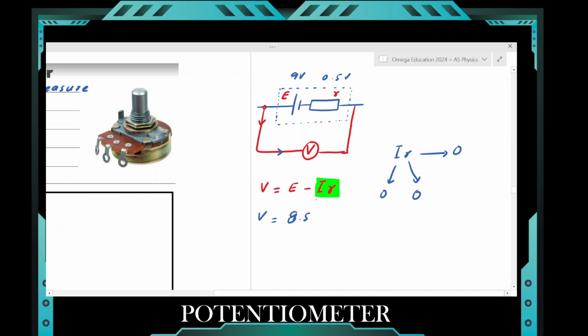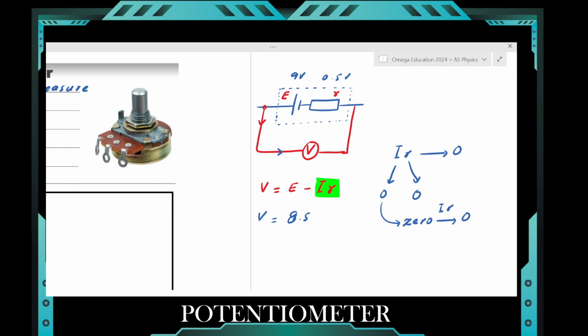So what we can do is come up with a device for which no current would flow through the internal resistance, so IR would be 0, hence the voltage drop at the internal resistance would also be 0, only if current is 0.